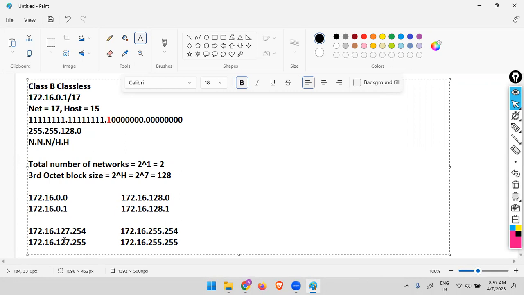If we write 126, we will be missing one network, the one with 127. See, 0 till 127, how many? 128. That is our block size, and 128 till 255 will be another 128. Is that clear? Okay.